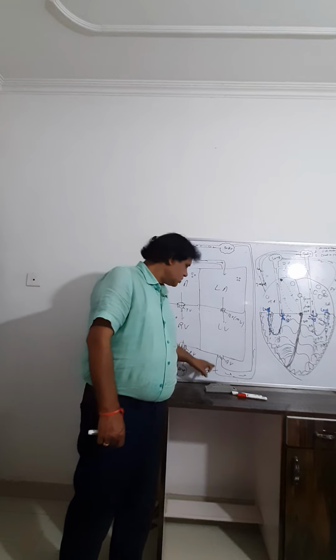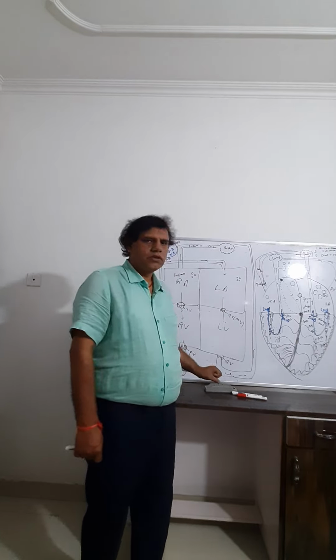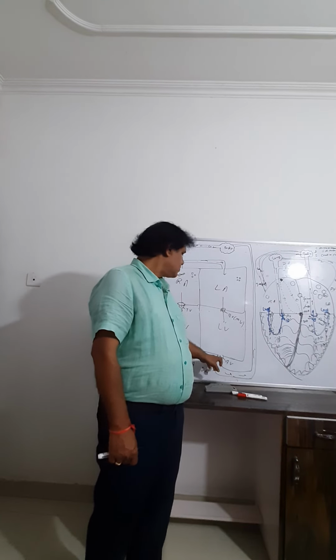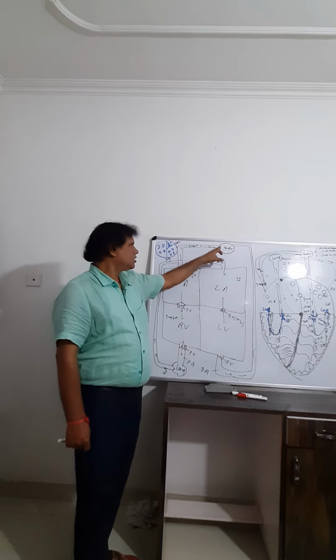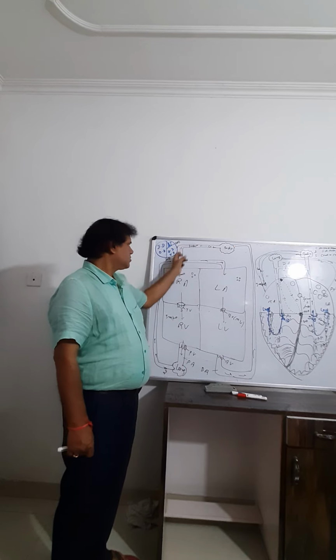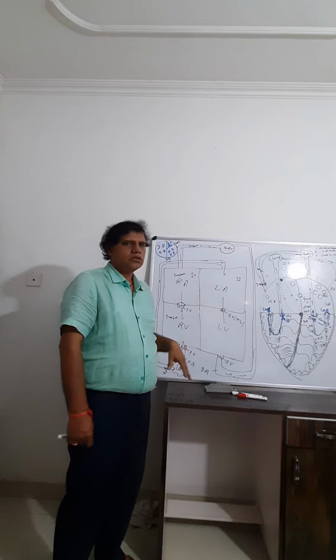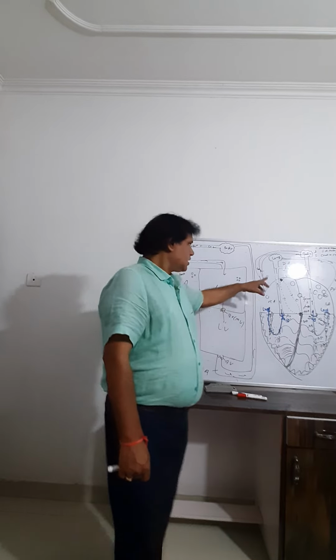Then the left ventricle supplies the body through the aorta, the dorsal aorta, with the help of the aortic valve. Again the body's deoxygenated blood opens into the right auricle. So this type of circuit is called the double heart circuit, and this is called the SA node.